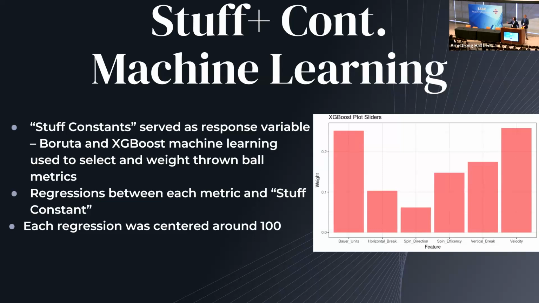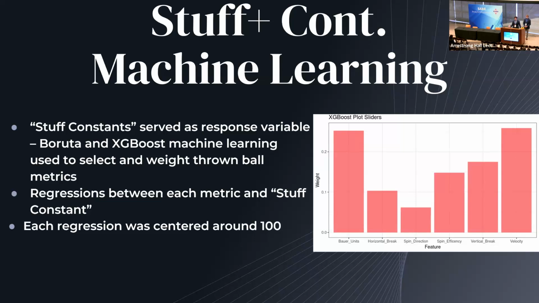As you can see with the plot up there, velocity is definitely king, as well as WAR units, which is total spin divided by velocity, and vertical break. Those are all in most models and tend to be very valuable, so we were pleased that our model was validated as such.